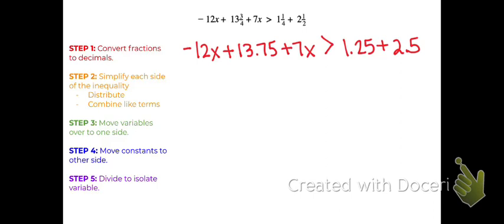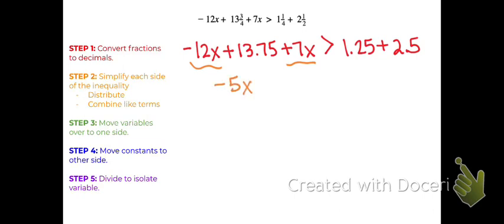So our second step here is to look at each side of the inequality. So if I look at the left side, I want to see if there's any like terms I can combine. Like terms have the same variable and exponent, or they are constants, regular numbers. So the only ones that are alike are the negative 12x and the plus 7x. So if I have negative 12 plus 7, that is negative 5.